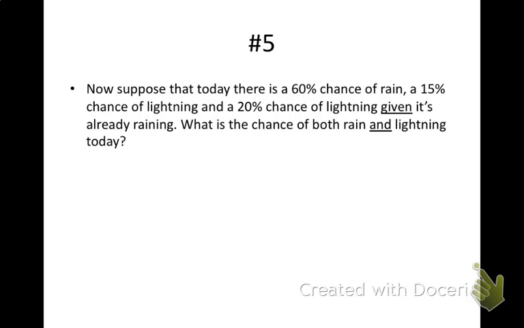Now suppose that today there is a 60% chance of rain. Again, let's switch to the bottom. We want to know the probability of rain and lightning. And we are provided with just rain, just lightning, and the conditional probability, the probability of lightning given rain.